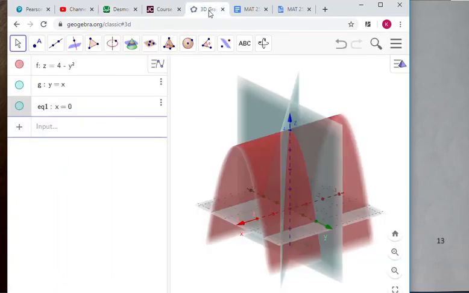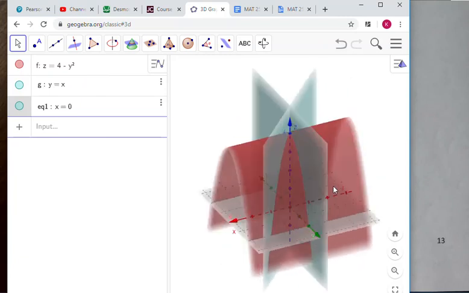This last option is another free option that you can use. It's called Geogebra. You can see I've just gone to geogebra.org, and I just chose the classic option. And that also allows me to do 3D graphs. It's pretty simple. Start up, all you do is type them in. Here's my z equals 4 minus y squared, my y equals x, and my x equals 0. And here's the picture.